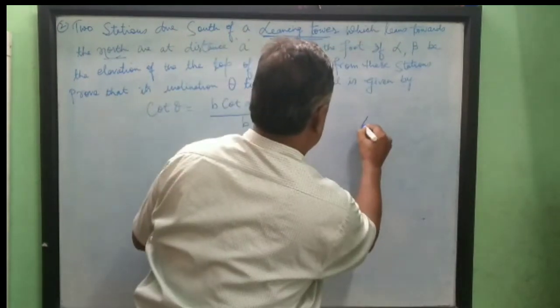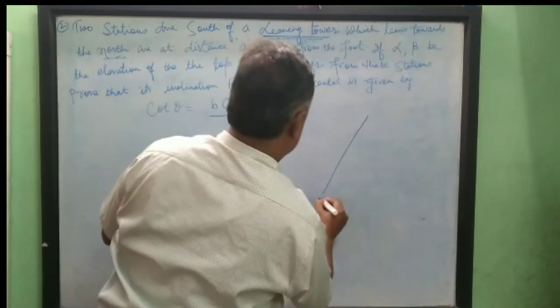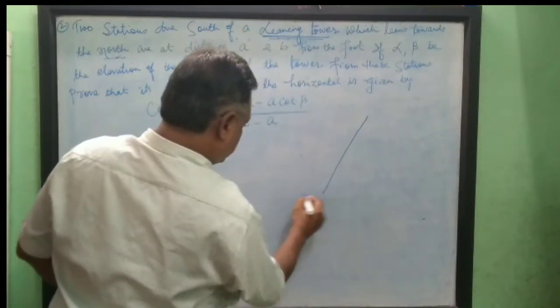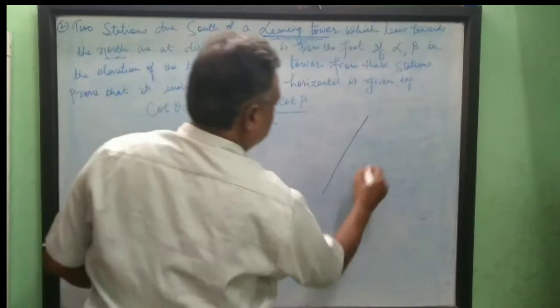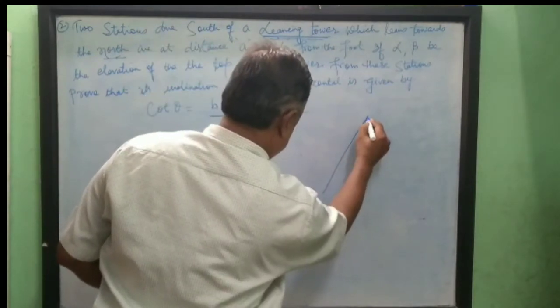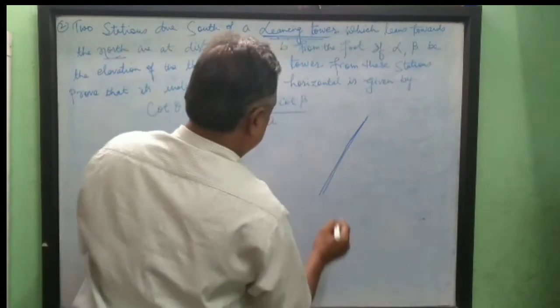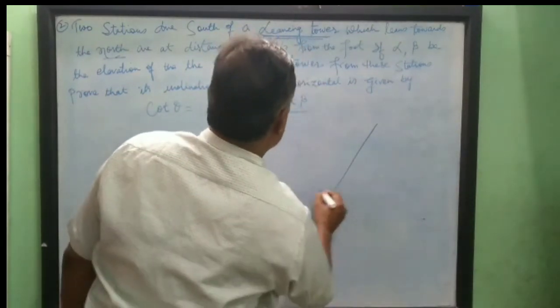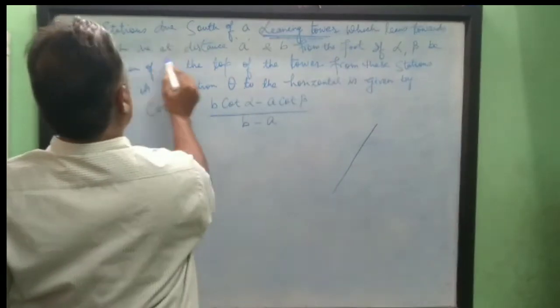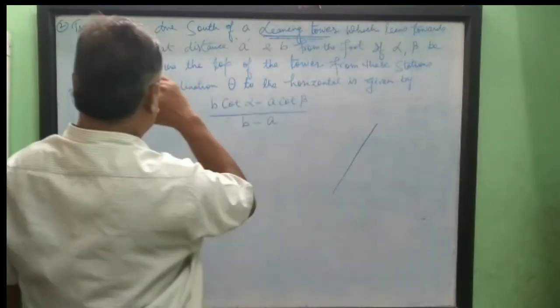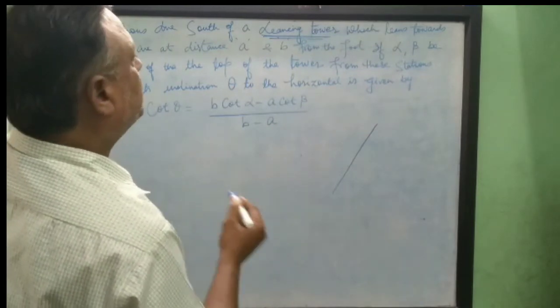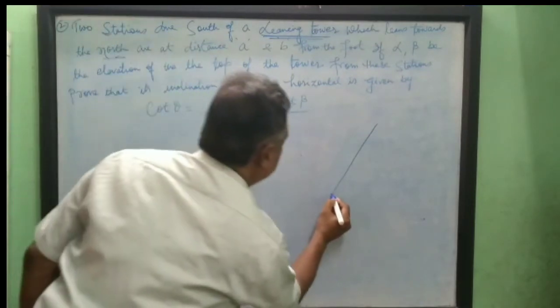So this is the leaning tower and this side is north, so obviously this side is south. So this is north, which leans towards the north, are at distance A and B from the foot. So this is the foot of the tower.